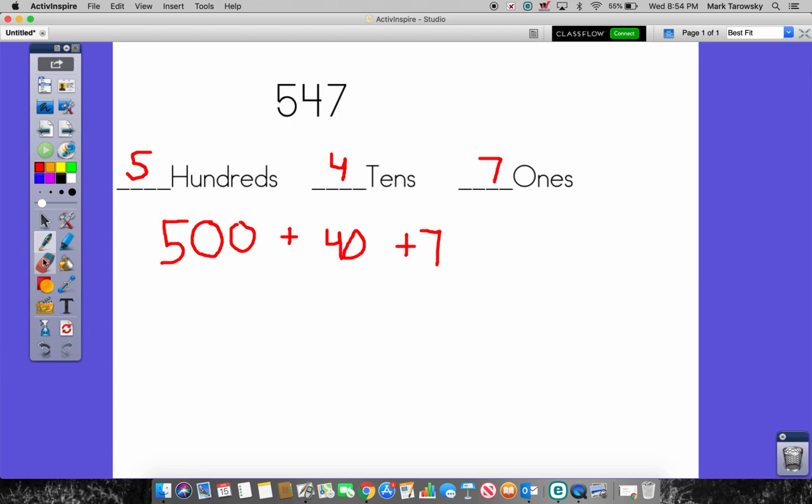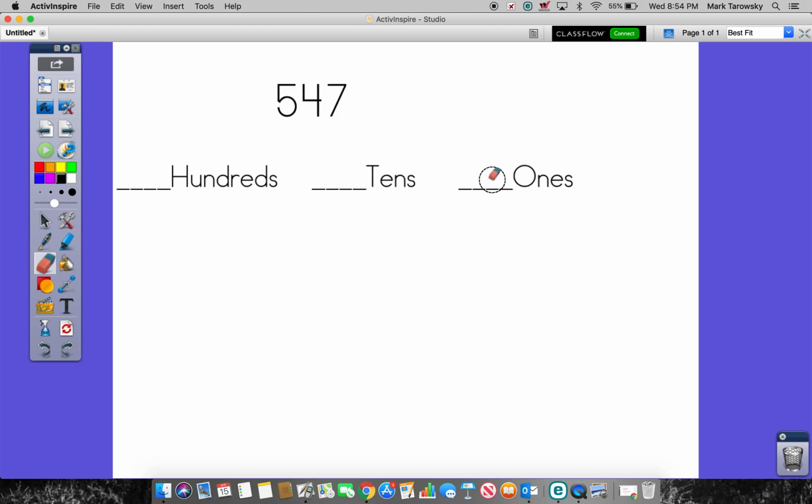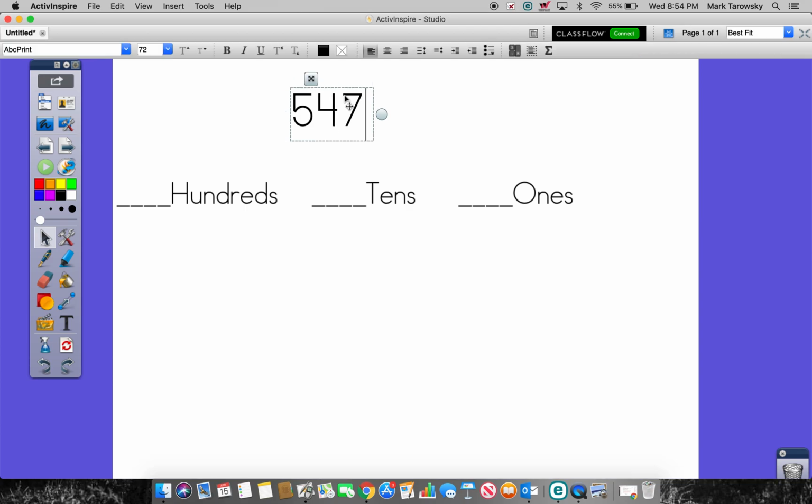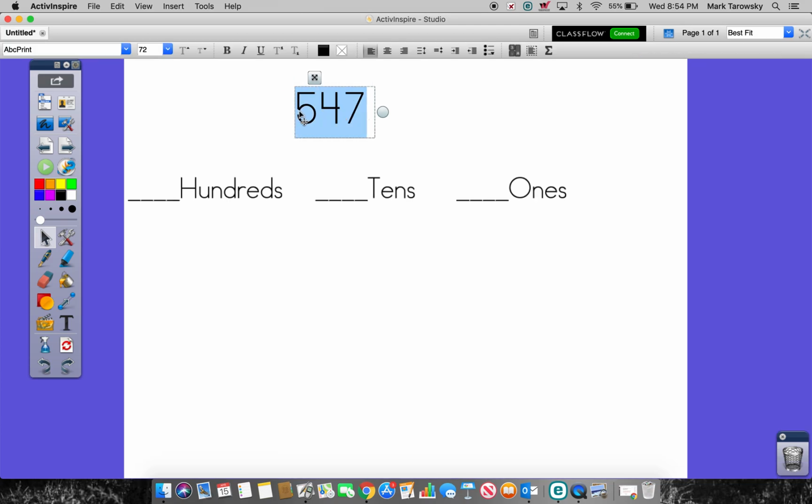Now I'm going to take my eraser, and hopefully this won't erase my text. Oh, good, it did not. Now I want you to have that pencil and paper ready. We are going to choose a new number. How about 729.